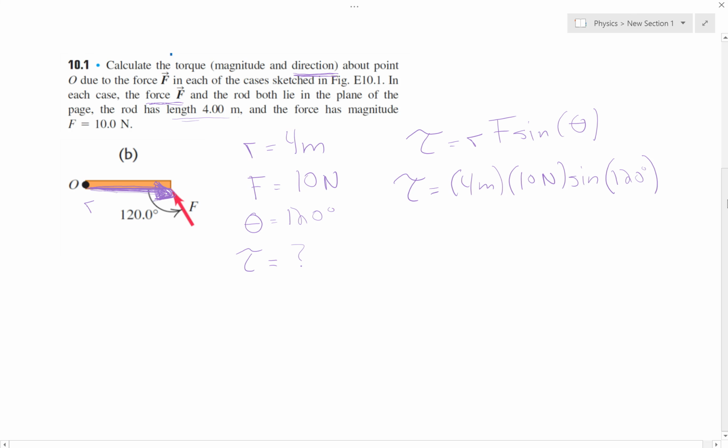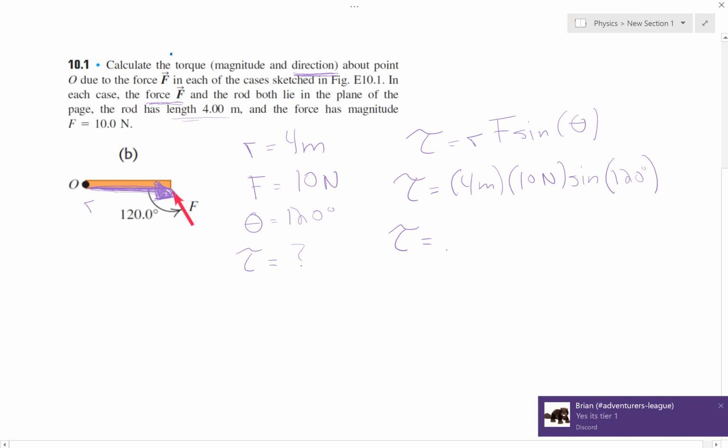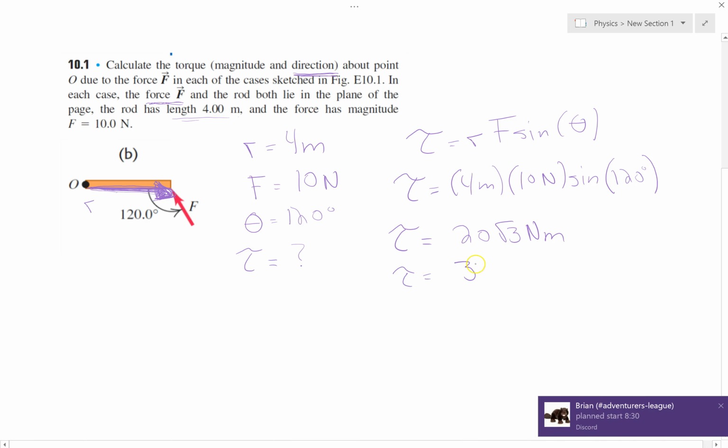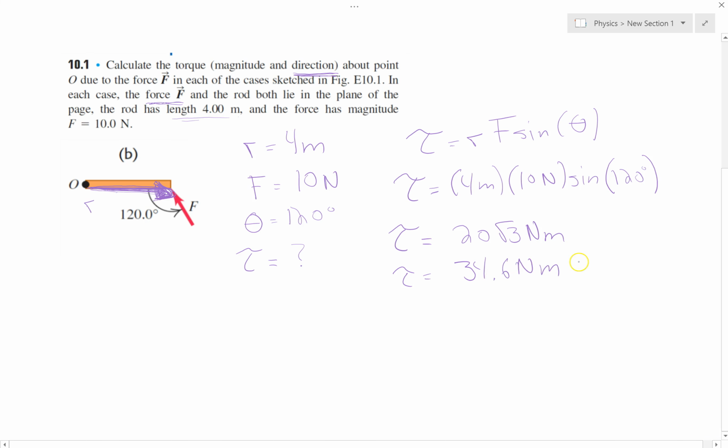But when I multiply these numbers together, what I'm going to end up getting is either 20 square root 3 Newton meters, if your calculator leaves it in its exact form, or if it's not exact but approximates, it'll be about 34.6 Newton meters. I'll accept either answer. They're both perfectly fine.